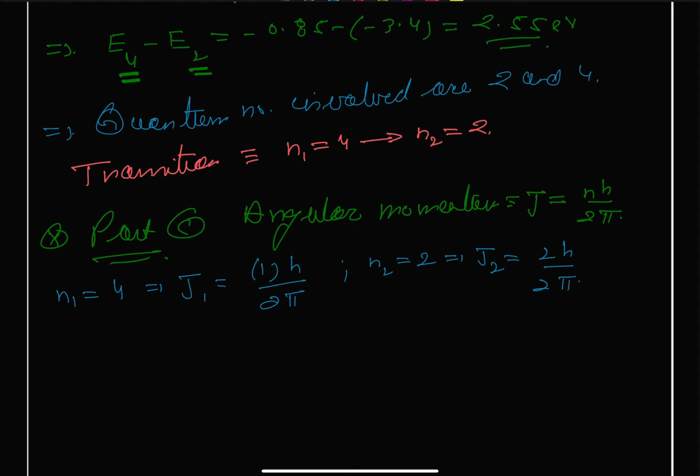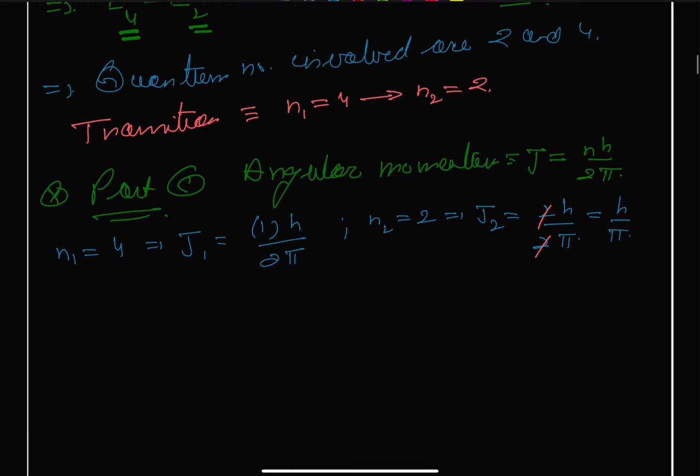And this 2 and 2 cancel out. So from here we get this as h upon pi. And we are supposed to find out the change in angular momentum.